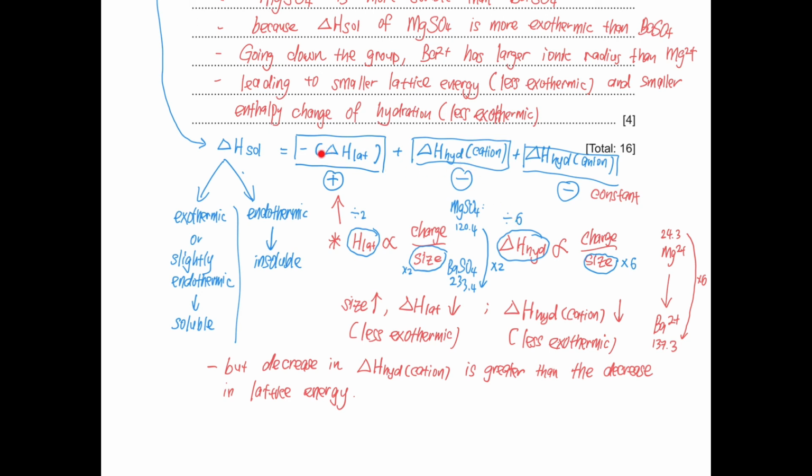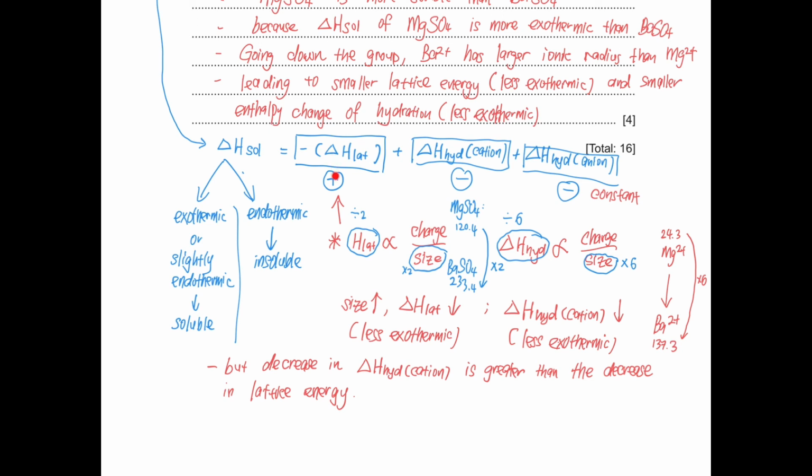Just imagine, let's say this remains very positive, say positive 1000, and you minus a very small value, let's say 5. Of course at the end you get a very positive answer. A very positive answer means insoluble, and because of that, barium sulfate is insoluble, because this one becomes more significant.